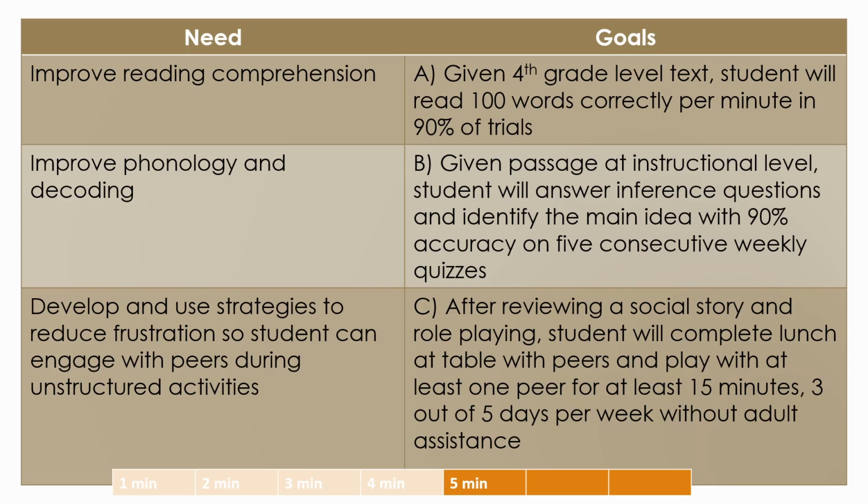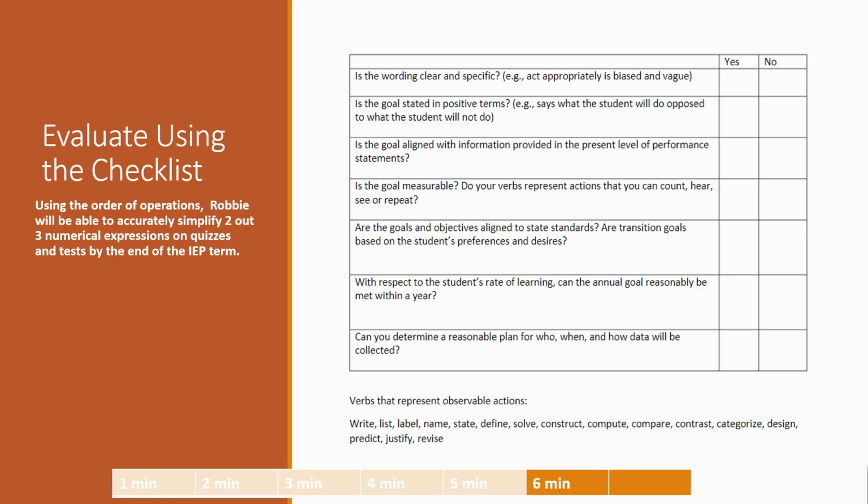For the need to develop new strategies to reduce frustration so the student can engage with peers during unstructured activities, I might use a goal like C. After reviewing a social story and role-playing, the student will complete lunch at table with peers and play with at least one peer for at least 15 minutes, 3 out of 5 days per week without adult assistance.